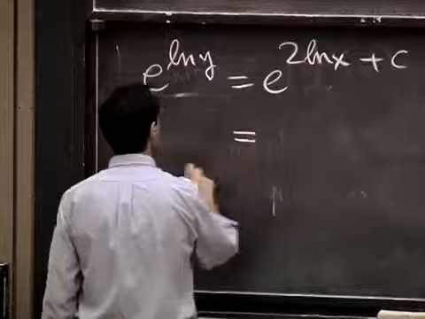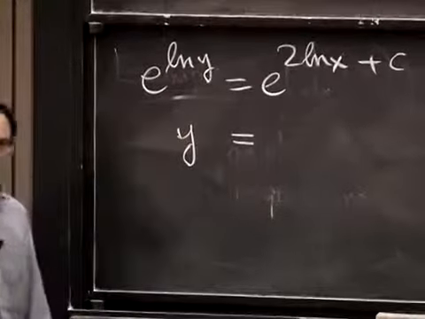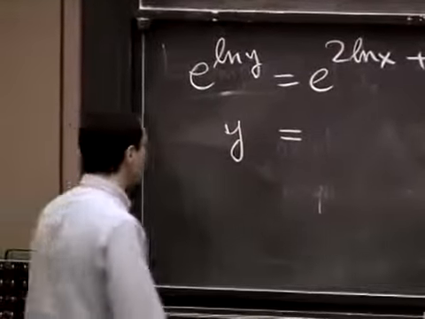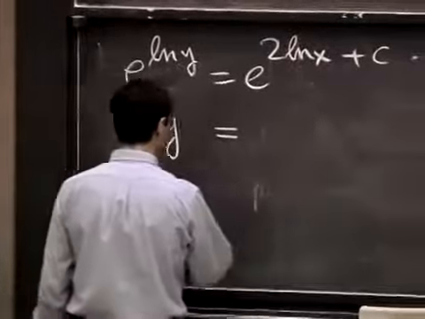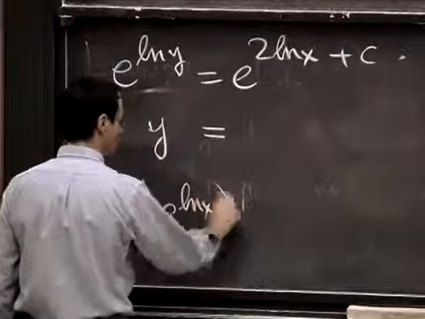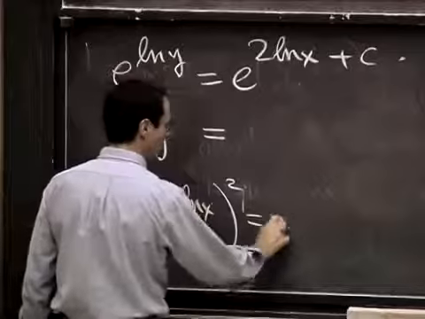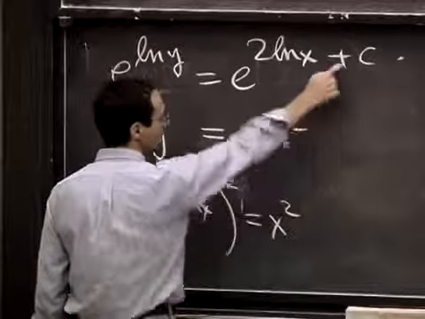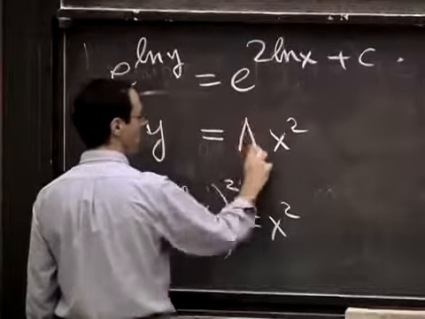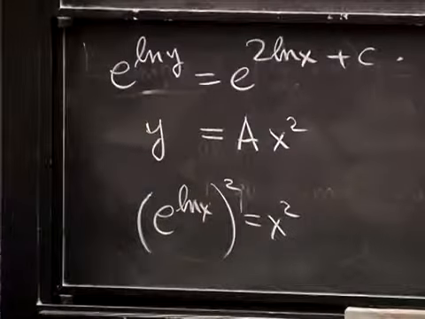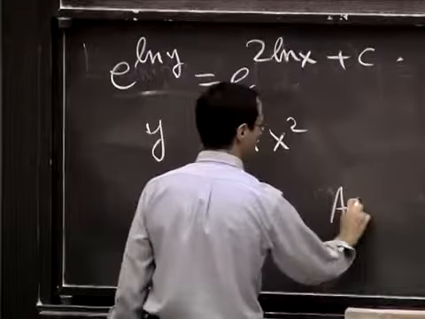So again, this is y on the left-hand side. And on the right-hand side, if you think about it for a second, it's e to the log x squared, which is x squared. So this is x squared, and then there's an e to the c, so that's another one of these A factors here. A is equal to e to the c.